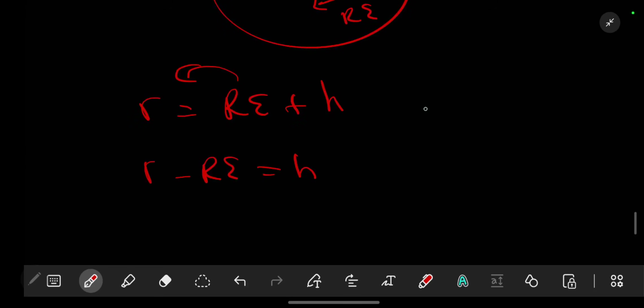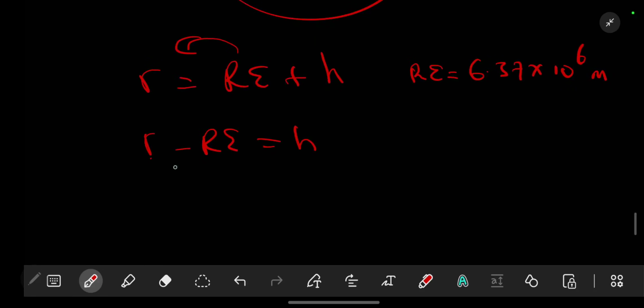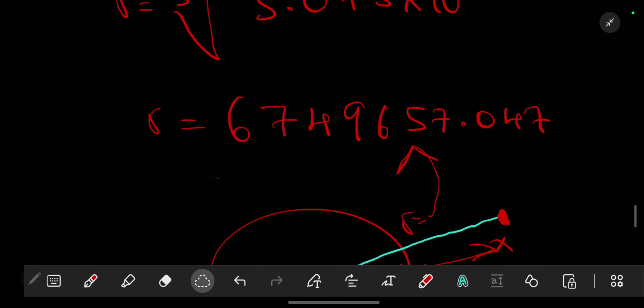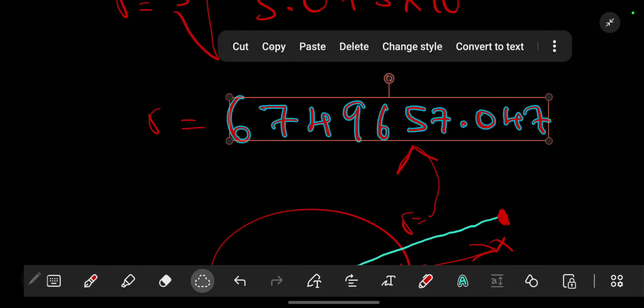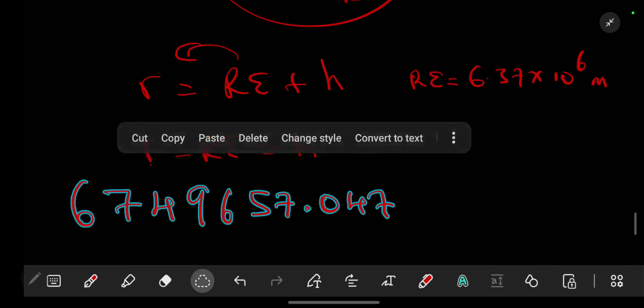Remember, the radius of the earth is 6.37 times 10 to the power of 6 meters. So this radius is the effective radius, which is our value here. We get this value and put it there, then subtract the radius of the earth.